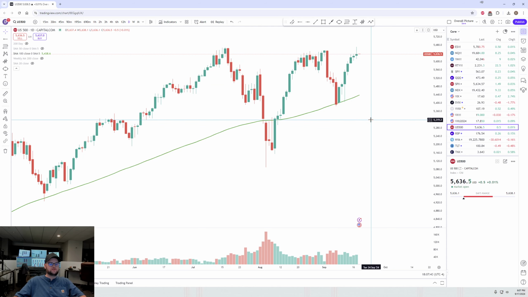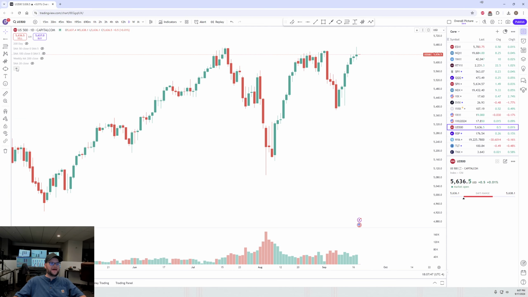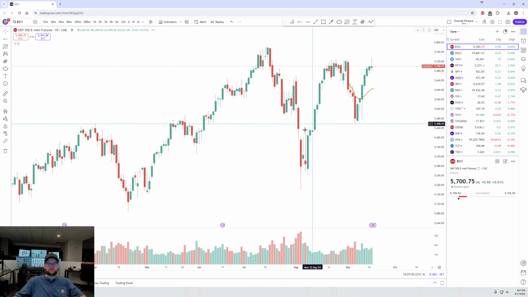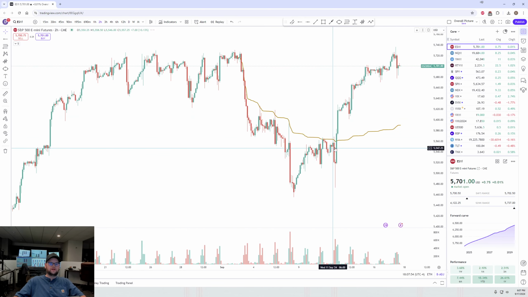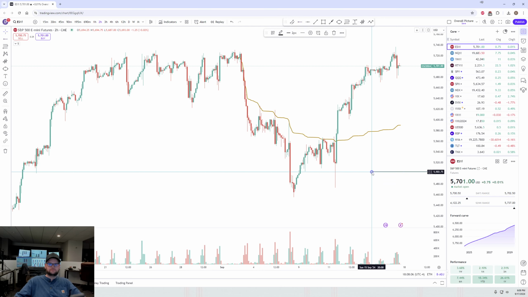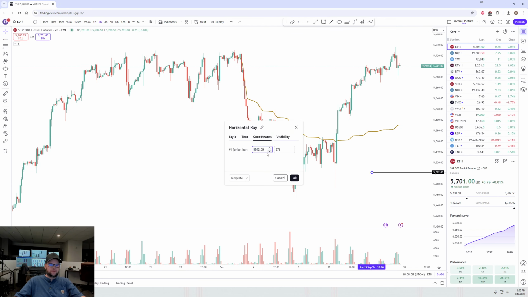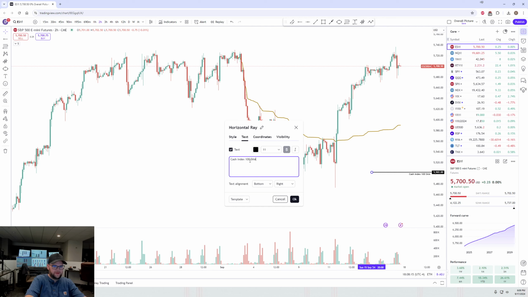So that's going to be very, very important going forward because that represents the 100-day moving average on the S&P 500 futures in reference to where it lies on the cash index, okay? So I'm going to go ahead and put 55.02 on here, and I'm going to put cash index 100 SMA, okay?